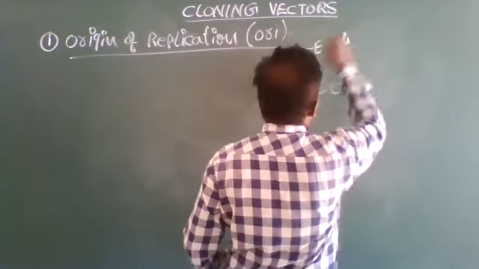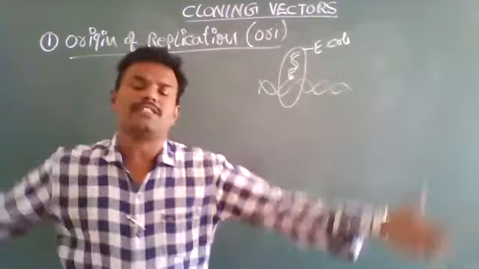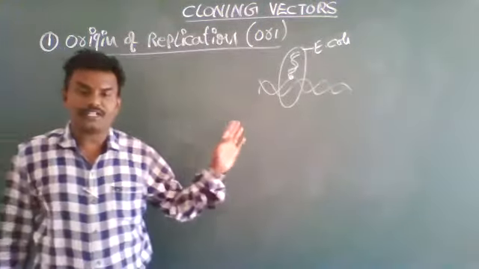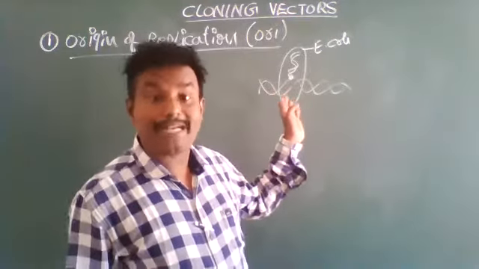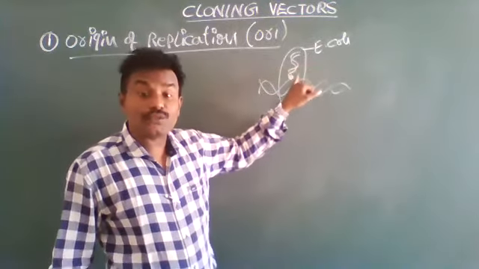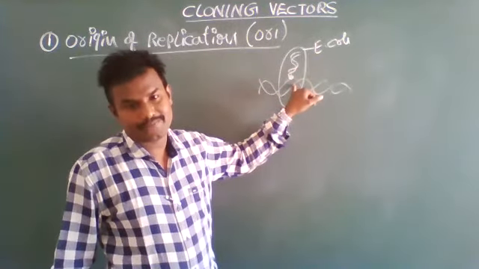In the E. coli bacteria, both will be integrated and produce multiple copies. So this is the sequence from where replication starts and produces multiple copies when a piece of alien DNA is introduced to this sequence.